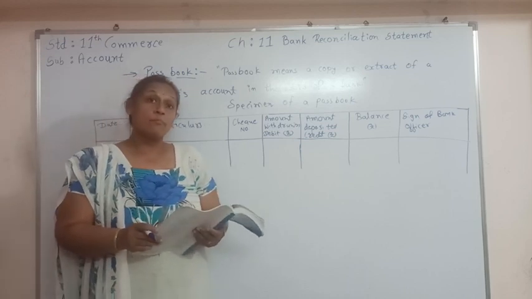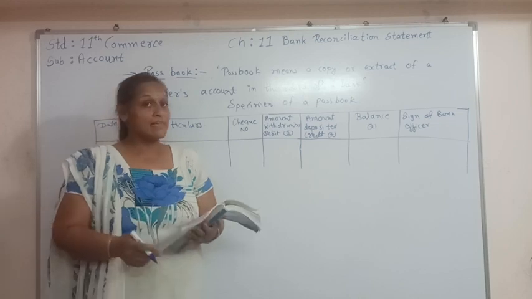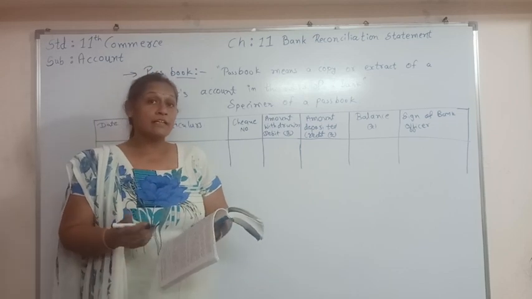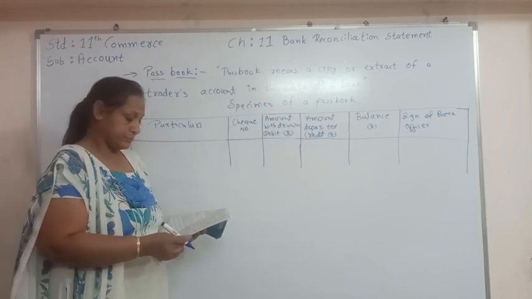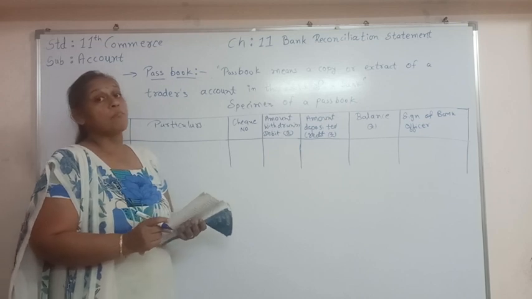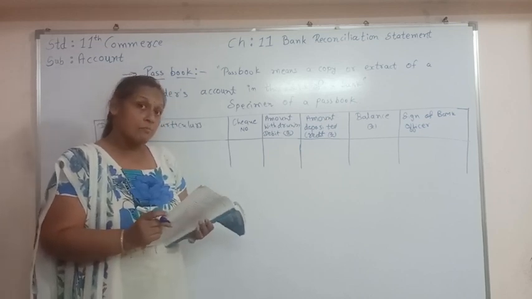Now from the passbook and cash book we have to understand the bank balance and bank overdraft. As we know, in the cash book a debit balance means the bank account, that is the bank balance in the bank.